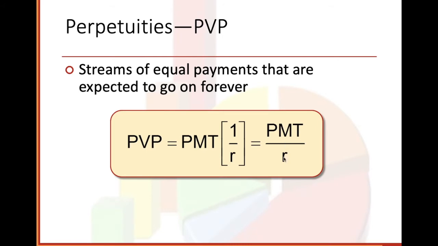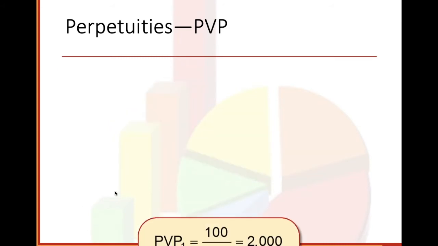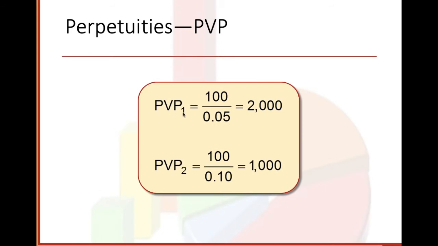If you multiply this straight across, basic algebra, payment over 1 times 1 over r, that's how we get PMT divided by our interest rate. So in year 1, 100 divided by 0.05, we get 2,000, and in year 2 it will be 100 divided by 10%, we get 1,000. Okay.